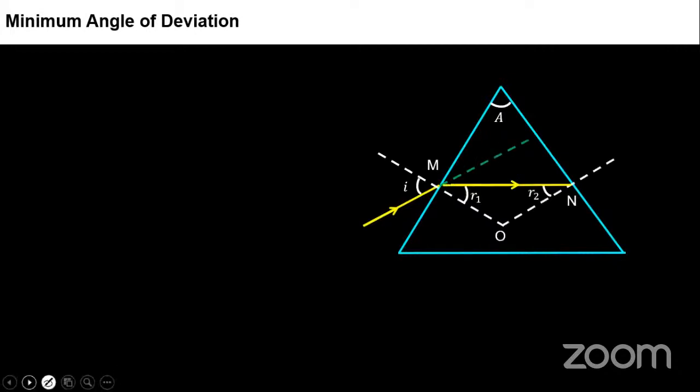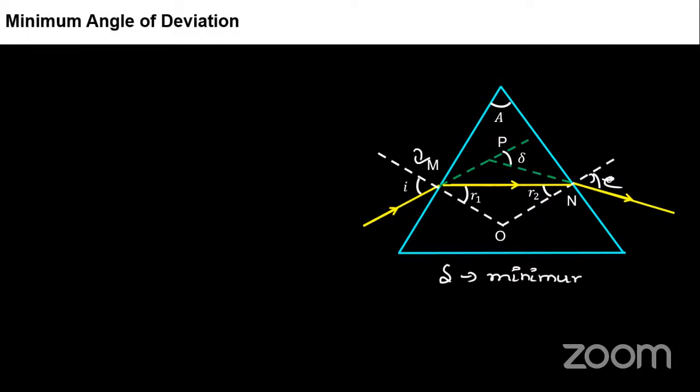When the ray goes inside this glass prism, it will be parallel to the base and come out as an emergent ray. So we say that this angle of deviation will be the minimum angle of deviation.